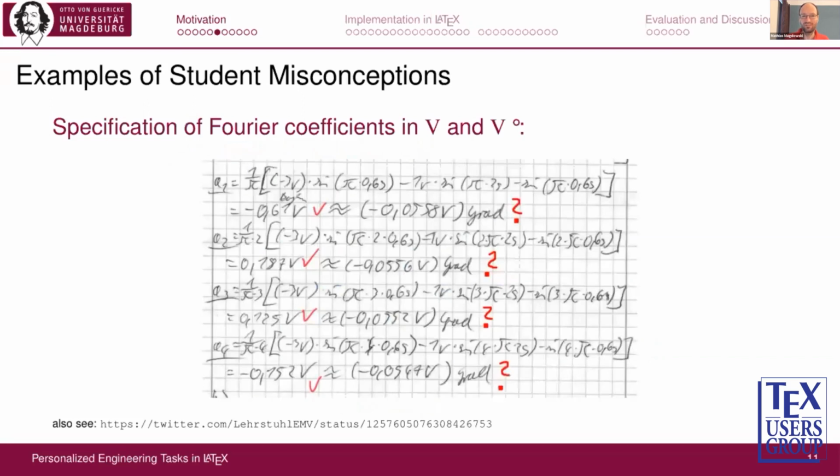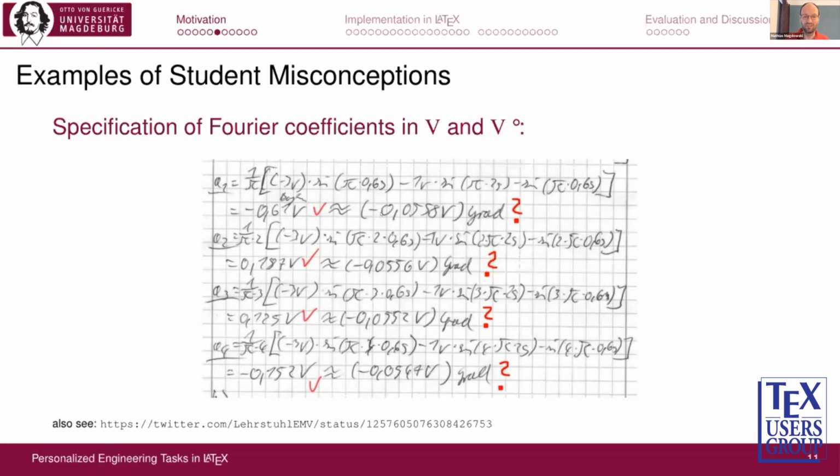Because you can also easily see student misconceptions, and I've copied some examples here. Here a student calculated the Fourier coefficient. If you don't know what the Fourier coefficient is, don't care, but it's something that should have the unit volt.